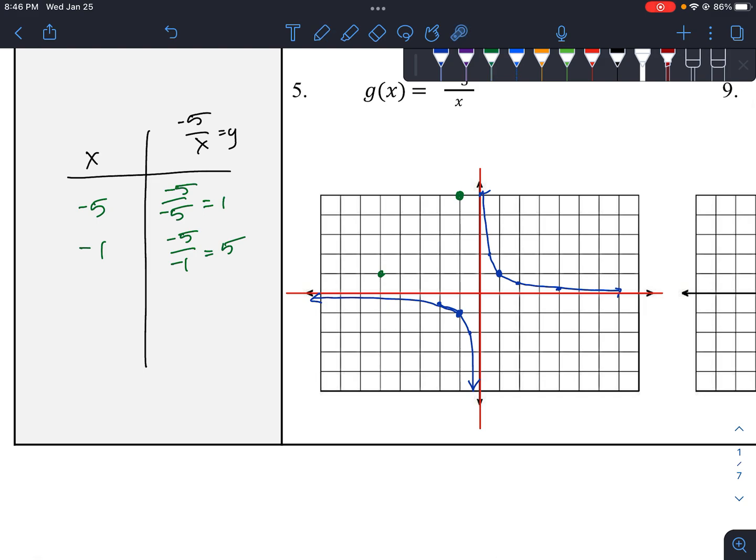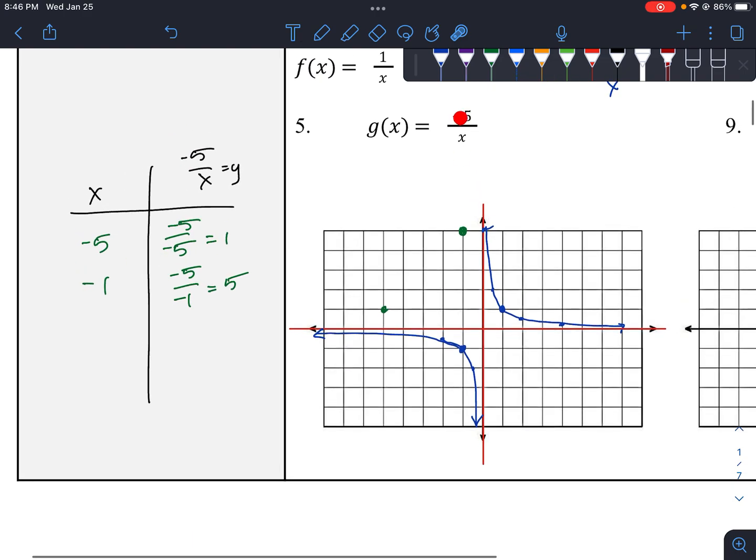But also notice that my points are in this quadrant over here rather than in these two quadrants. That's because my coefficient in the numerator is -5. And so that negative, well, we know if we multiply something on the outside by a negative, that's a reflection in the x-axis.